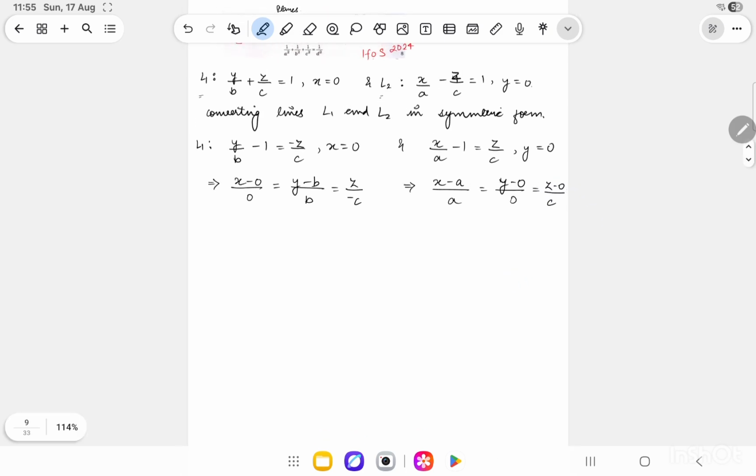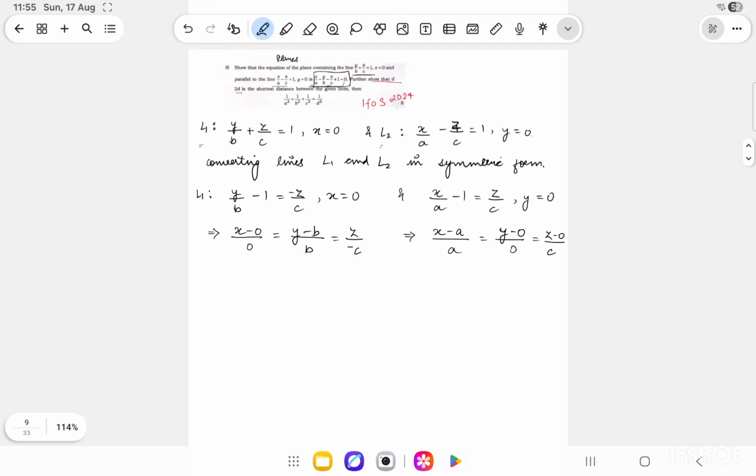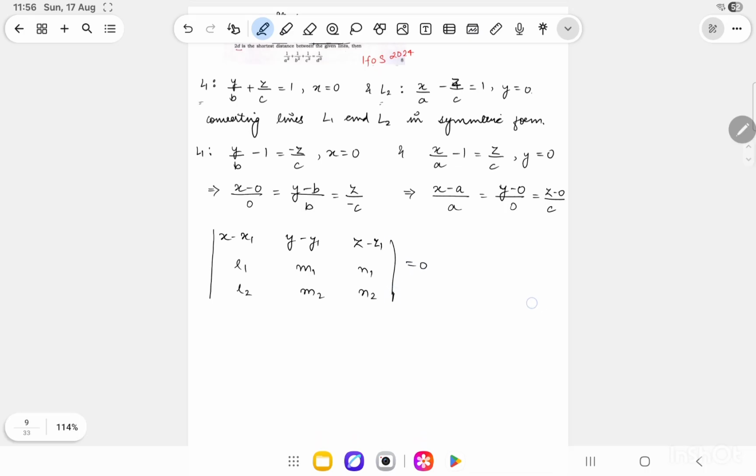So the direct formula for finding the equation of a plane passing through line L1 and parallel to line L2 is the determinant with rows x minus x1, y minus y1, z minus z1; l1, m1, n1; l2, m2, n2, equals 0.